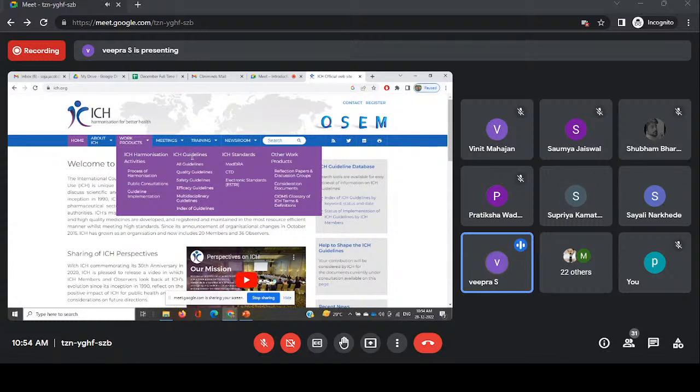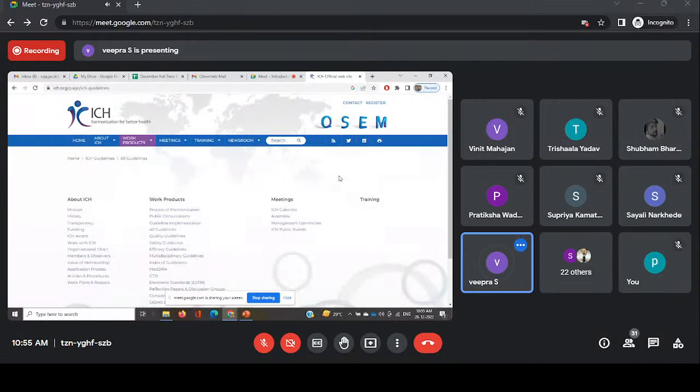Is it need to zoom, or can you read it? Yes, ma'am, we can read it. Okay, so we can go to this guideline.